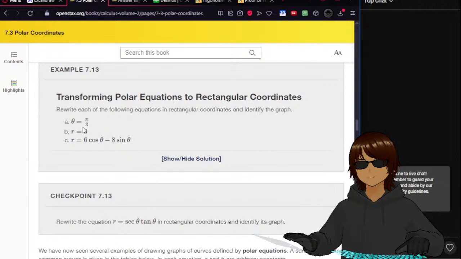Wouldn't R is equal to 3 just be a circle of radius 3, because it's defined for all theta? And theta is equal to pi over 3 is just a straight line, right?